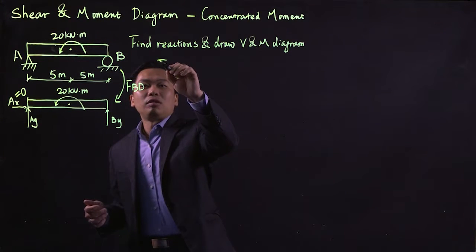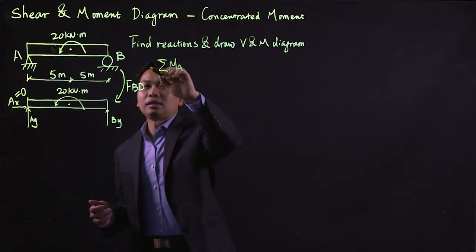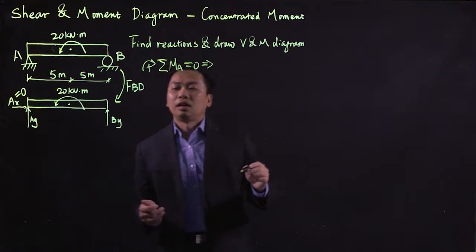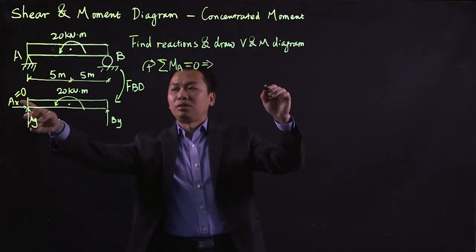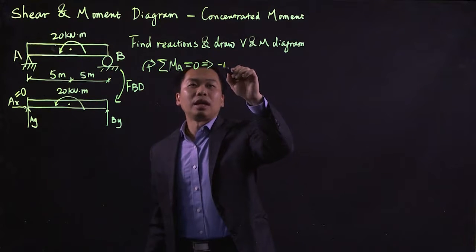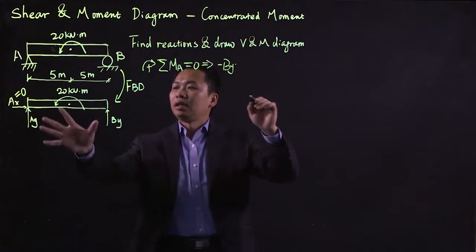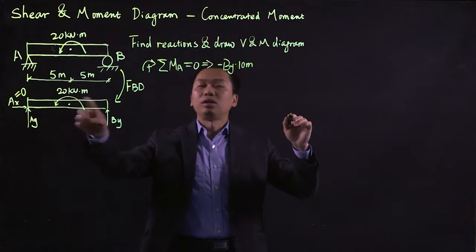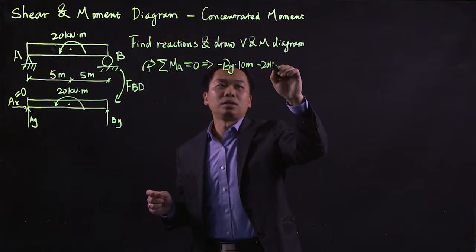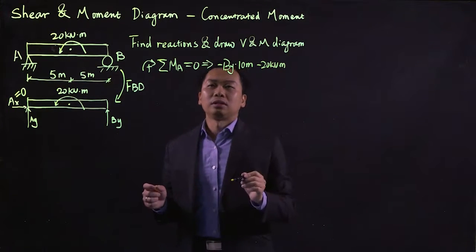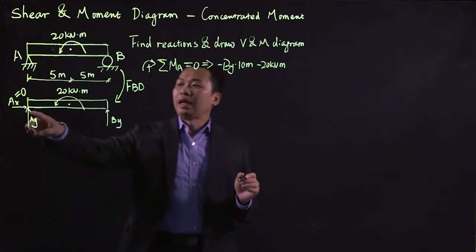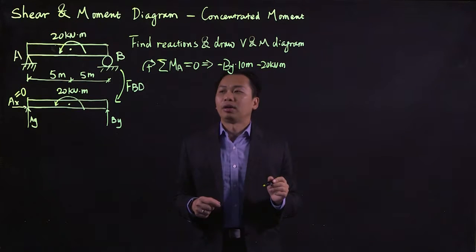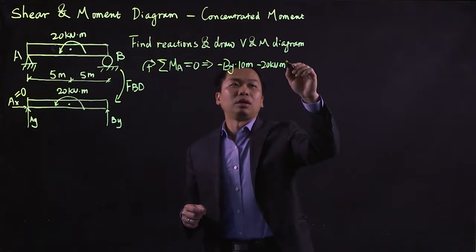We can do that by summing the moment at A, using clockwise as our positive direction. With that, you're going to have your BY, because it's going to create a counterclockwise moment, that is going to be negative BY times the moment arm, which is 10 meters. And we're also going to have this negative 20 kilonewton meters external moment. Since AX and AY are passing through the point where we're taking the moment, the moments for those two loads are equal to 0.